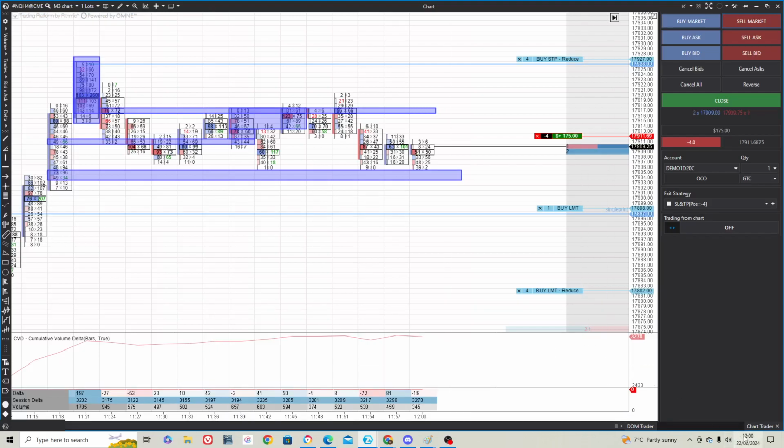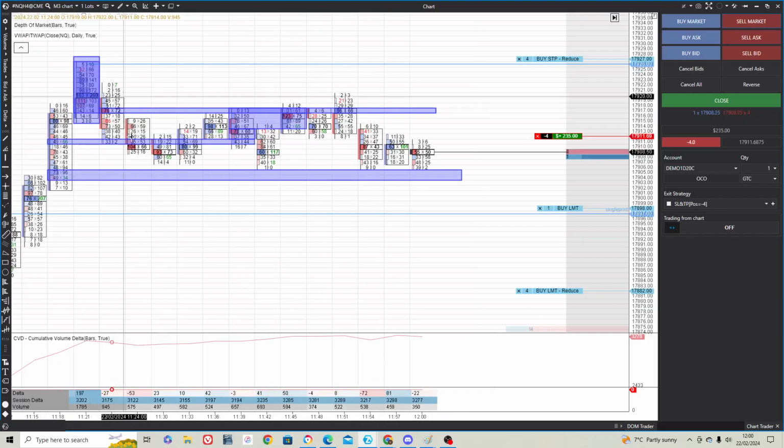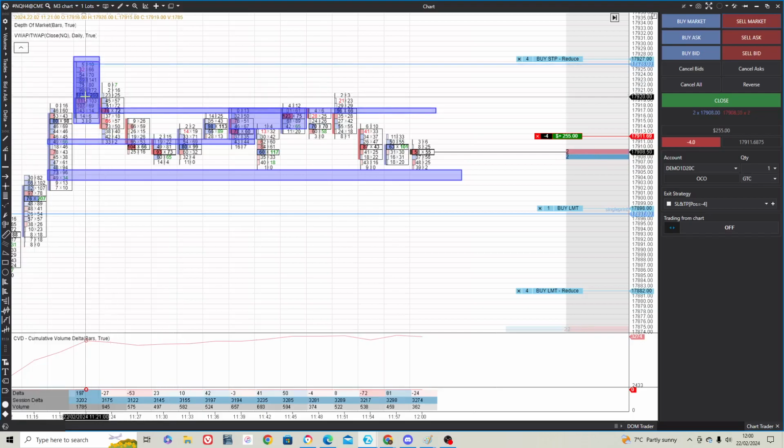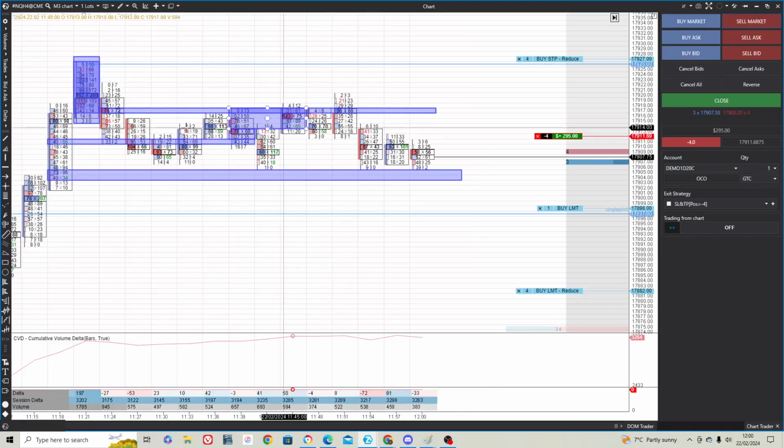And what time is it? Midday. That's not a good time to trade, to be honest. It's just not, because it's kind of lunchtime for London. We get this sideways movement, but you can see electronic hours traders are still quite active on NQ.